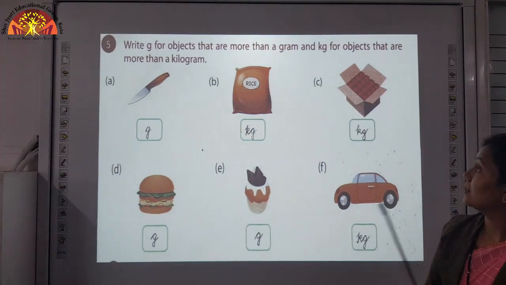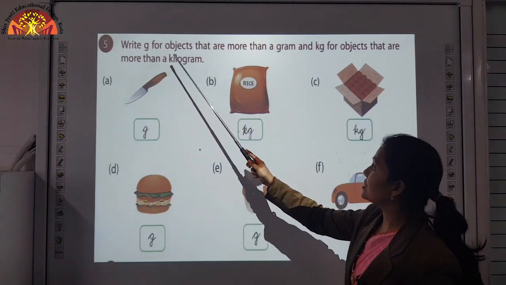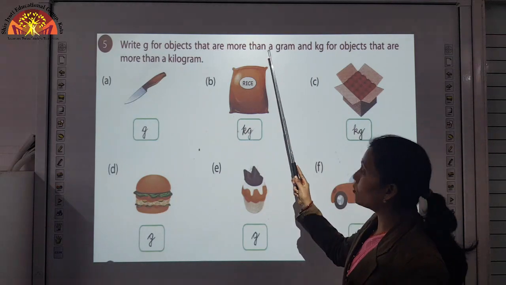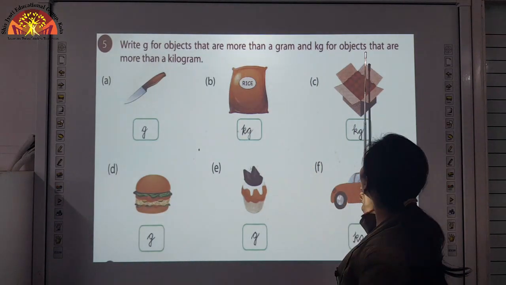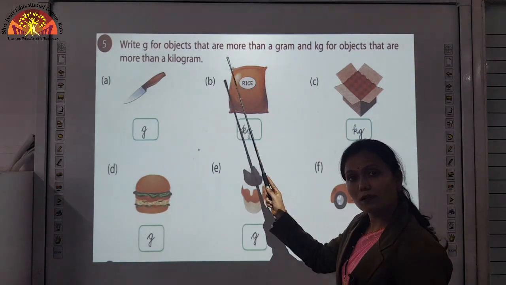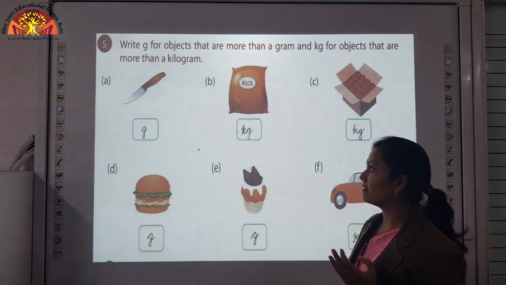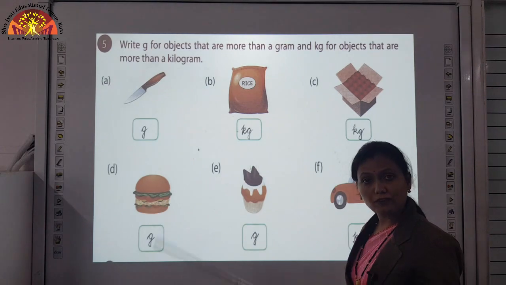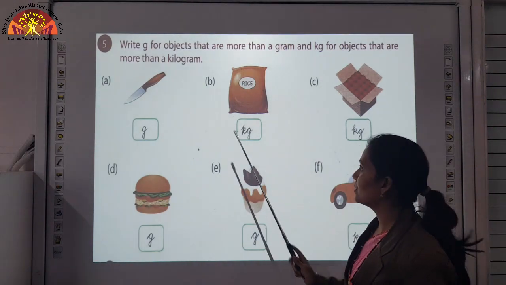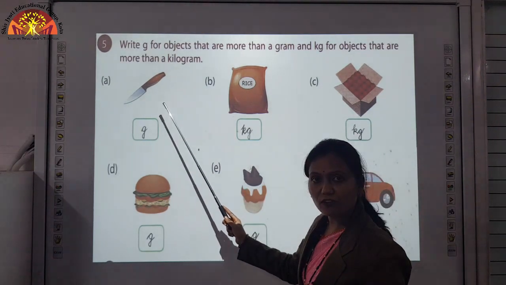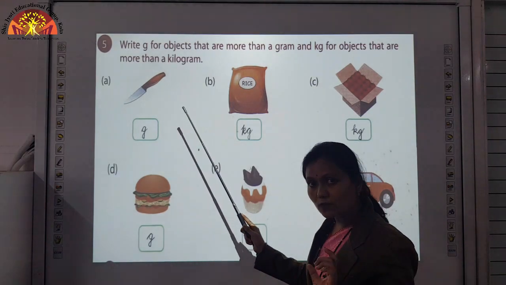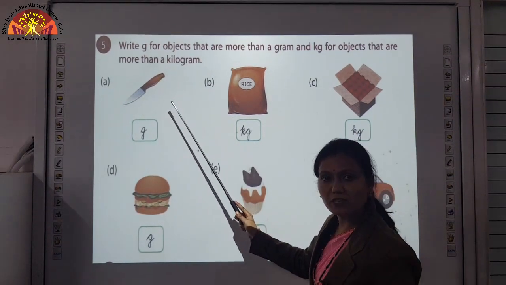Here write G for objects that are more than a gram and kg for objects that are more than a kilogram. As we know, we measure light things in gram and heavy things in kilogram. So you can see this is a picture of knife. Knife has light weight, so this will be measured in gram.